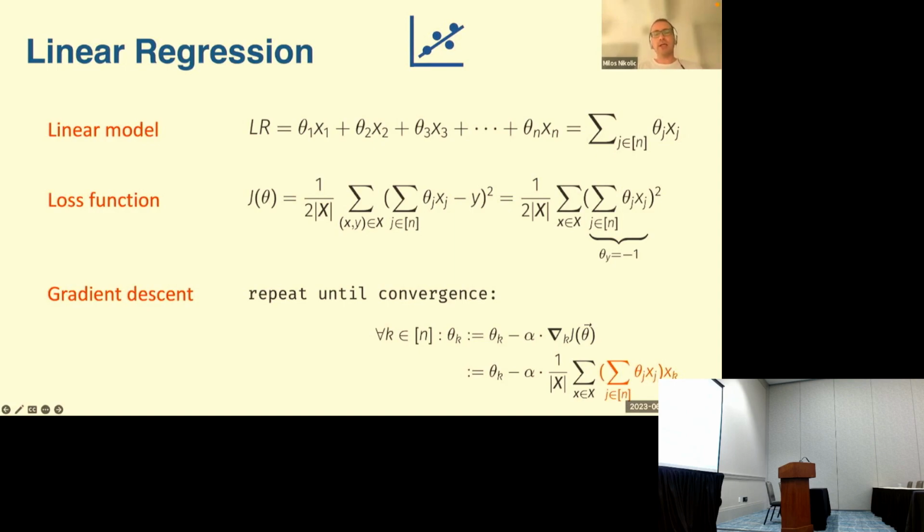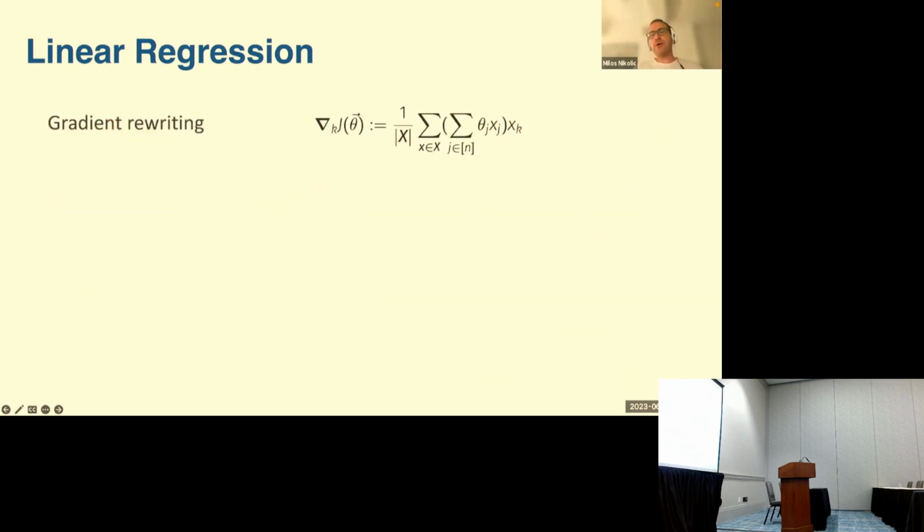Now, notice that each update step requires iterating over the entire training data set and computing the expression marked in red for each training sample. And this can be very expensive. And here's where we apply the idea of model reformulation.